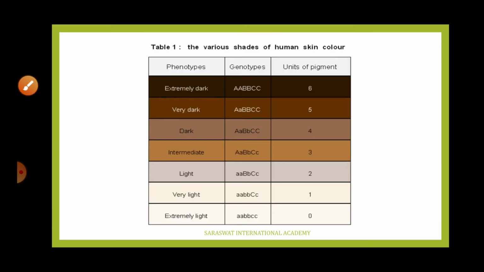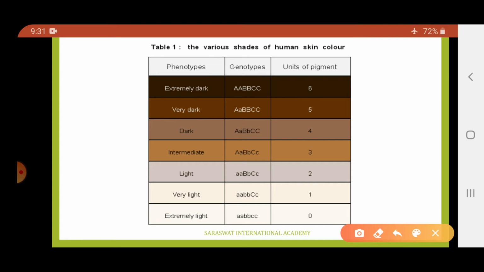Here you can see the shades of human skin color, with phenotype and genotype and the number of units of pigment. So if a person is extremely dark, its genotype will be capital A, capital A, capital B, capital B, capital C, capital C, where all the genes are dominant genes.